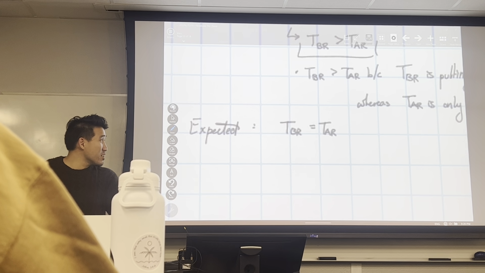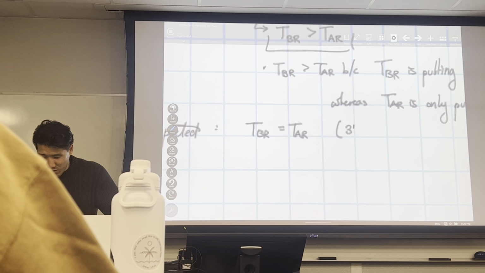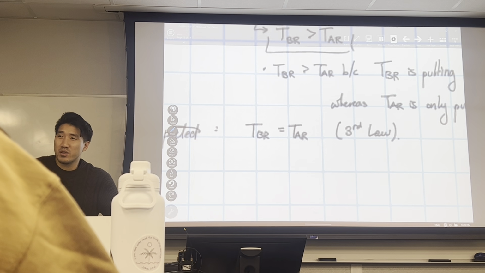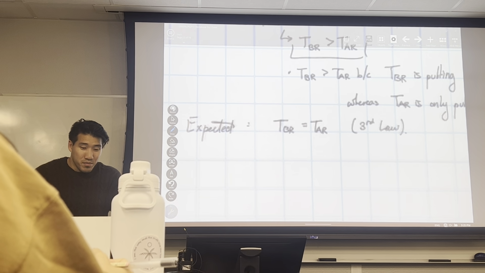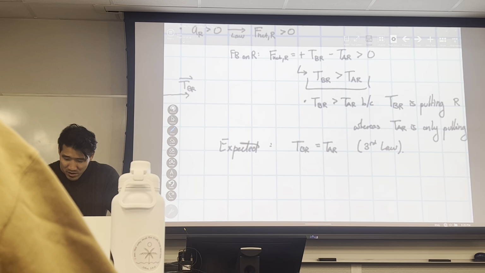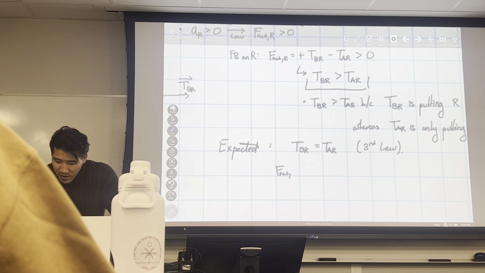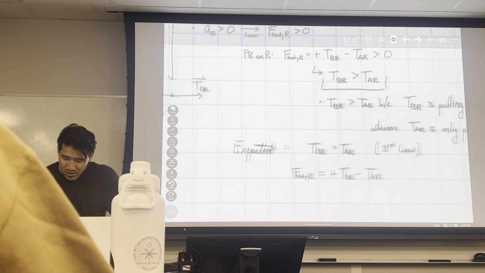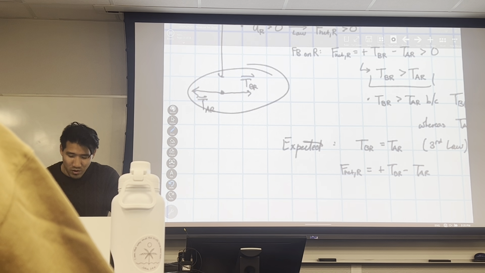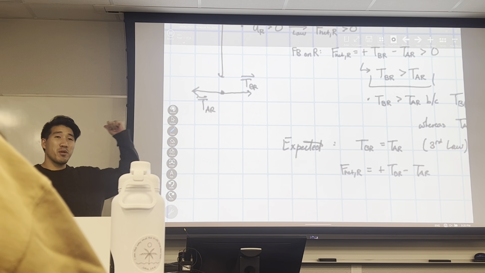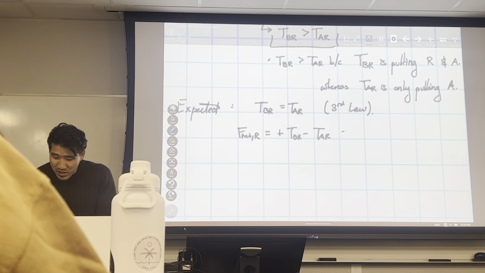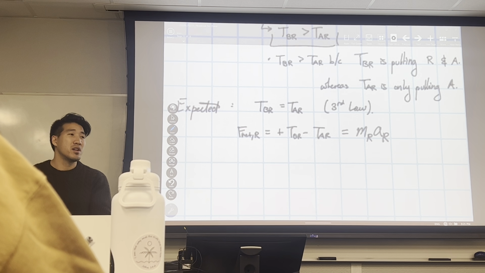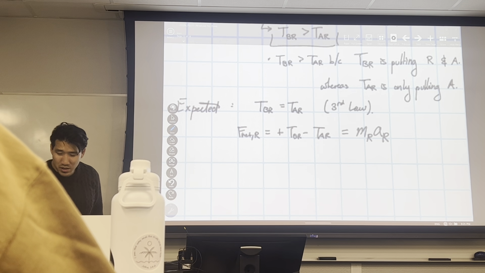But we expected the tensions to be equal because of Newton's third law. So how come that wasn't the result? Let's do the more full derivation. F net in R is going to be positive TBR minus TAR. Right, that's these two acting. So one is pulling in the positive X direction, the other one's pulling it back into the negative. But Newton's second law tells us that this is equal to the mass of the rope times the acceleration of the rope.